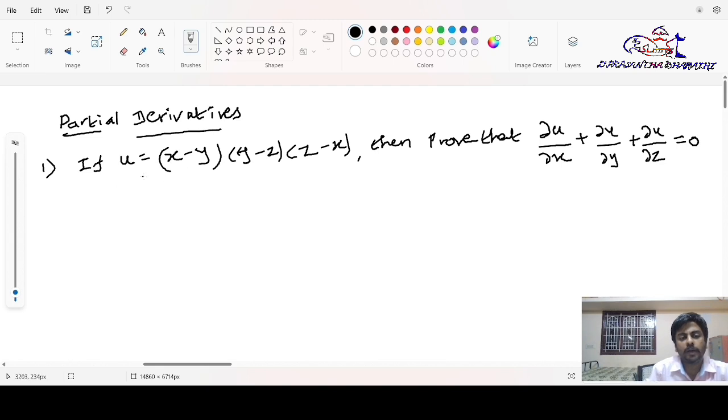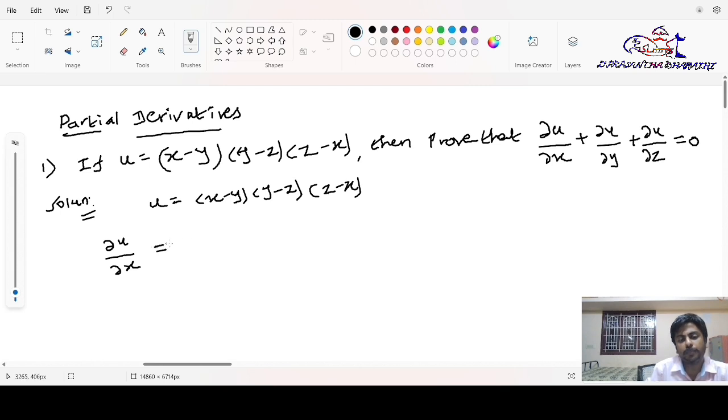So we are having u, okay, u is given by (x minus y) into (y minus z) into (z minus x). So we shall find everything separately. So dou u by dou x means partial differentiation of u with respect to x.